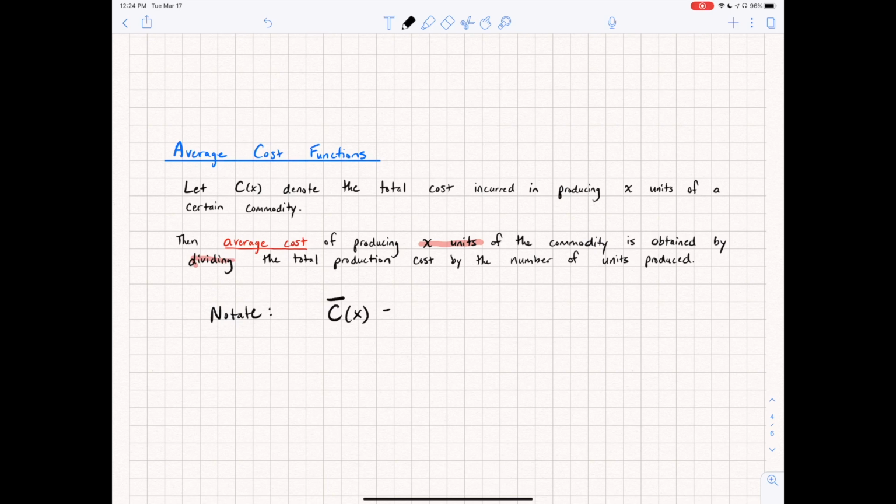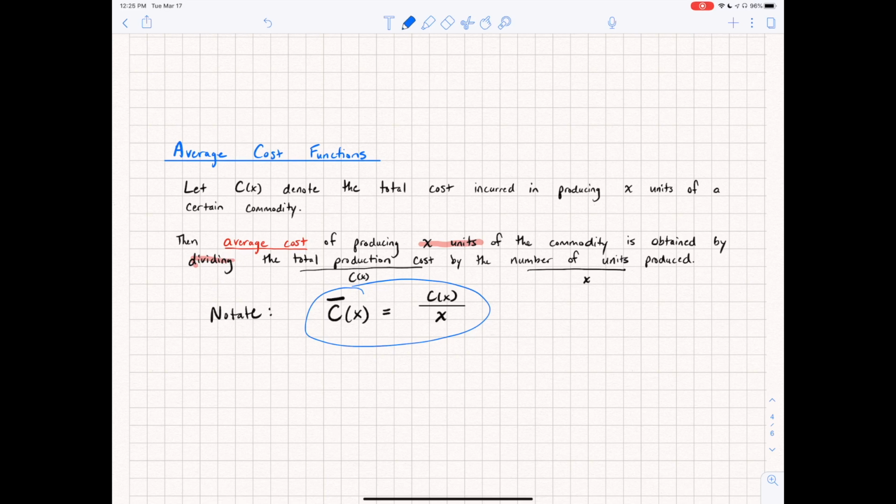And so if I want to find the average cost, this means I'm going to take my cost function, C of X, and then divide it by the amount that I'm producing, which is whatever X is. So we're essentially saying, let's take the total production cost, divide it by the number of units. Well, this is C of X, this is X, and thus we have our definition here that we just set up. And so this is our average cost function.